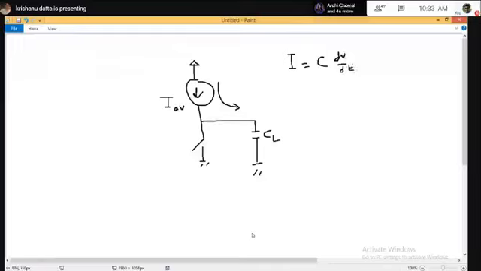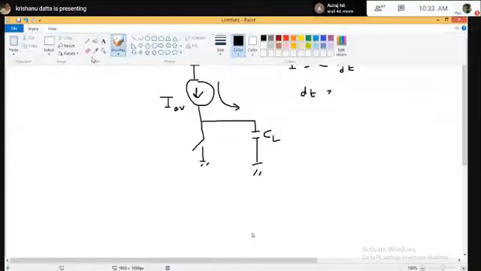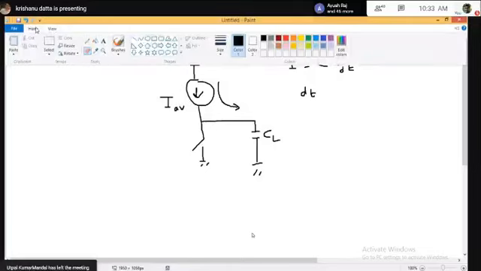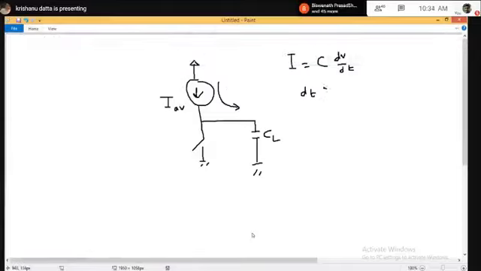So all of you know that, right? It's a very basic current equation through a capacitance. So dt will be C by I dV.